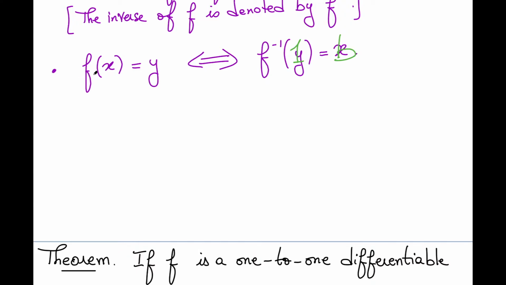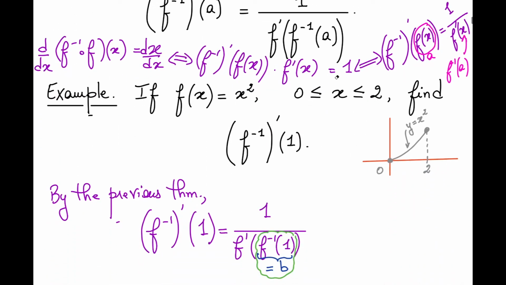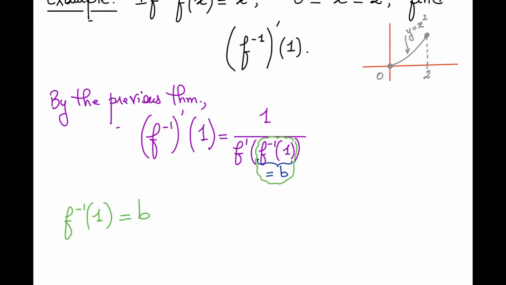This means f of b is equal to 1. Saying f inverse of 1 is b is the same thing as saying f of b is equal to 1. So I'm going to take this knowledge with me and just rewrite it. That's the same thing as saying that f of b is equal to 1.